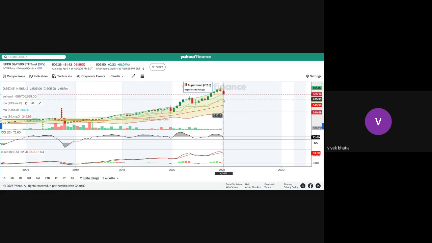Come lower down. Yeah, 435, 450. Because that is also the trend support. Now the quarterly chart, 450, 435, it should give me a bounce from there. And you look at the indicators, Vivek, CCI and MACD, the quarterly is just giving you a downtrend. MACD has just given you a negative crossover.